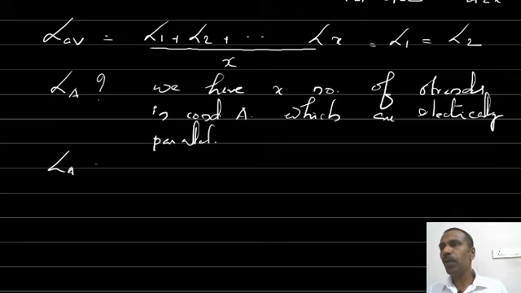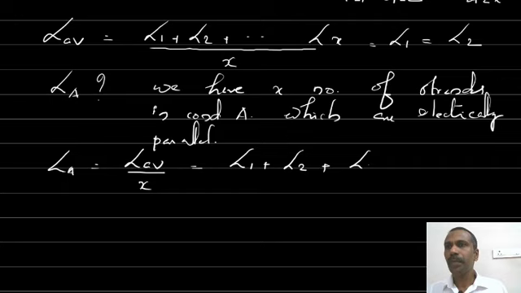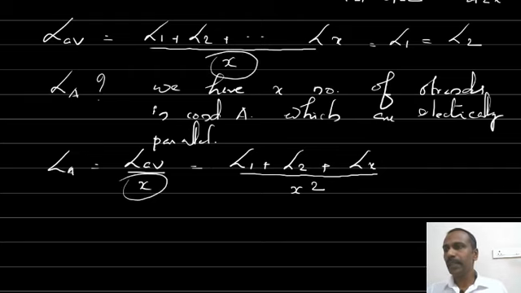So LA will be equal to, what is the average inductance of each strand? L1 plus L2 etc. up to Lx by X. So the total inductance of conductor A will be equal to L average by X, because we have X number of strands in the conductor A. So this is equal to L1 plus L2 plus Lx divided by, it becomes X square. We already have X here. X into X is equal to X square.